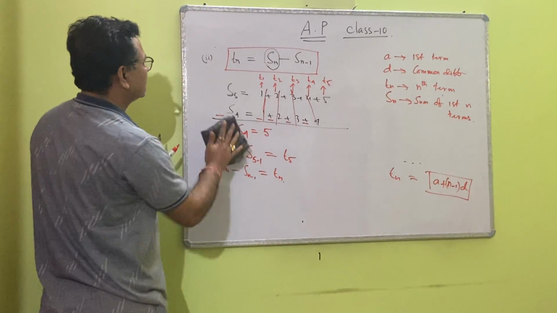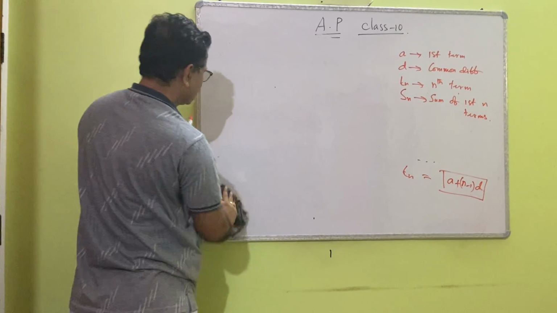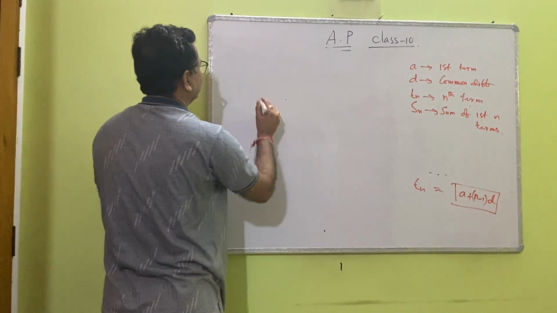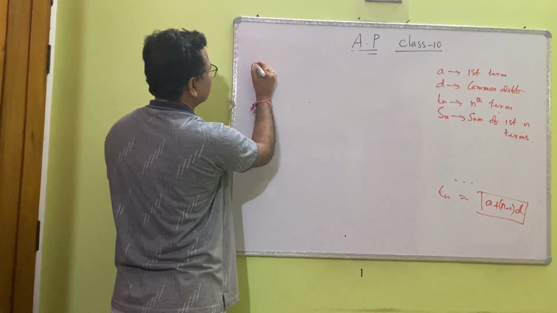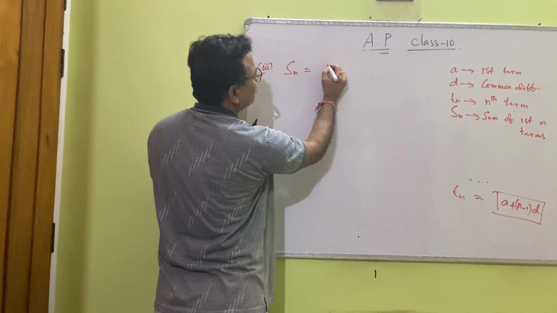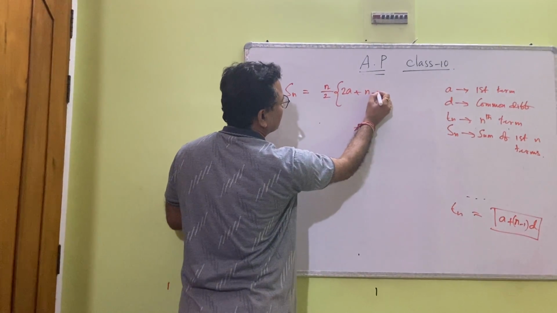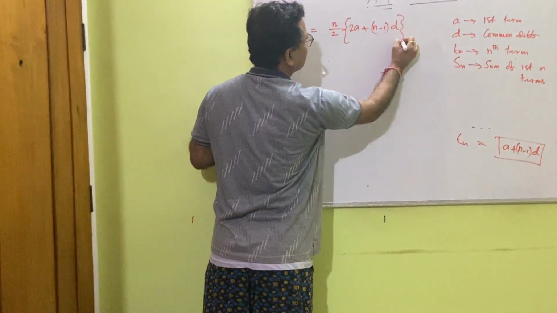Now my third formula, that is sum of n terms. So my formula number 3, that is Sn, is equal to n by 2 into 2a plus n minus 1 into d.